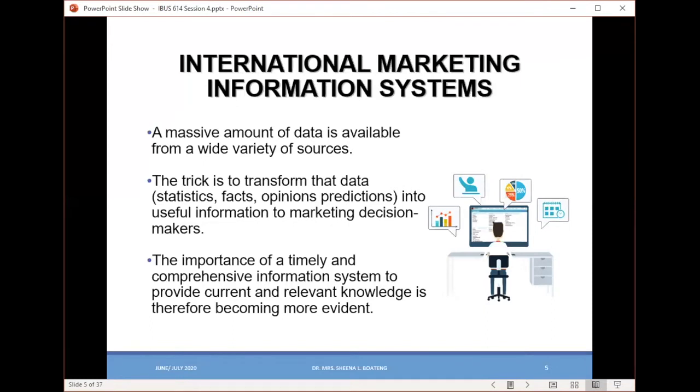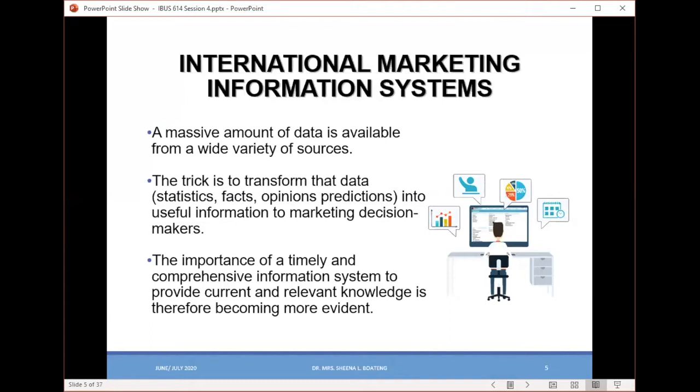Now, the issue is that all of these various sources of data come in different forms. So the trick is to be able to transform the data that you find, whether it is statistics or facts or opinions or predictions, into useful information for you to use in your decision making as a marketer, and in this case, as a global marketer.